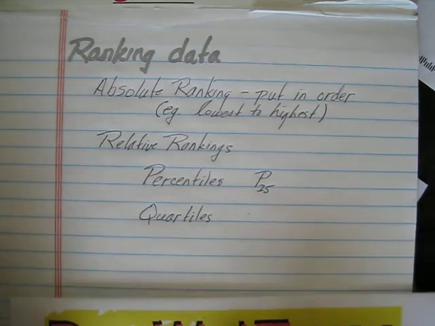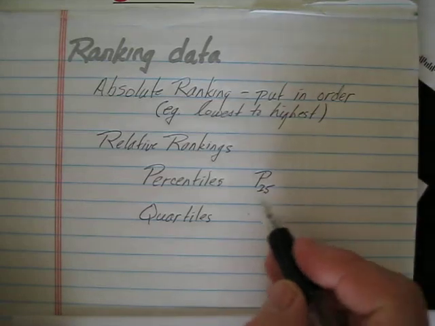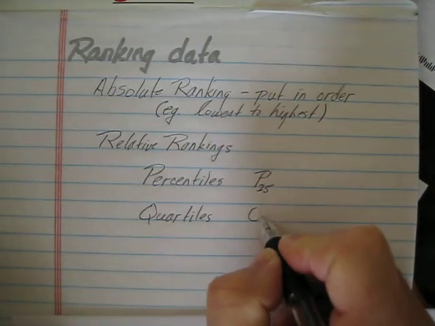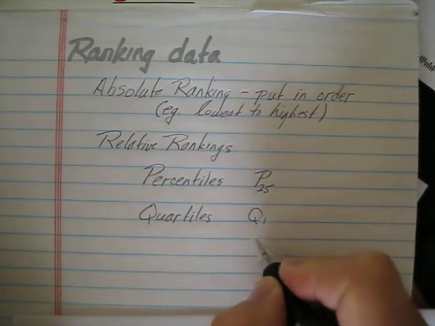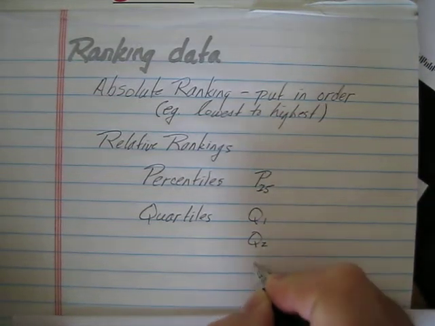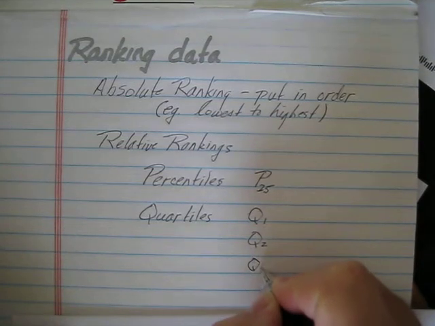And another related way of doing relative rankings is called quartiles. So we talk about the first quartile, the second quartile, and the third quartile.